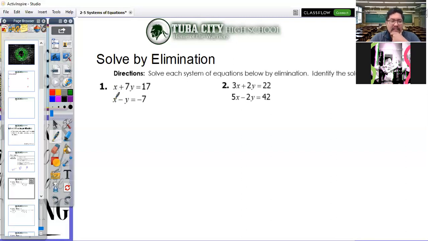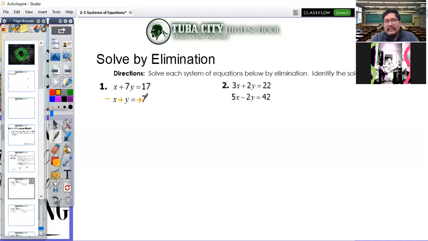Step 3 says to add or subtract the equations, so that means we're going to have to change one of these. For this one here, I'm going to change it by multiplying everything by -1. What that does is it changes the signs on everything.